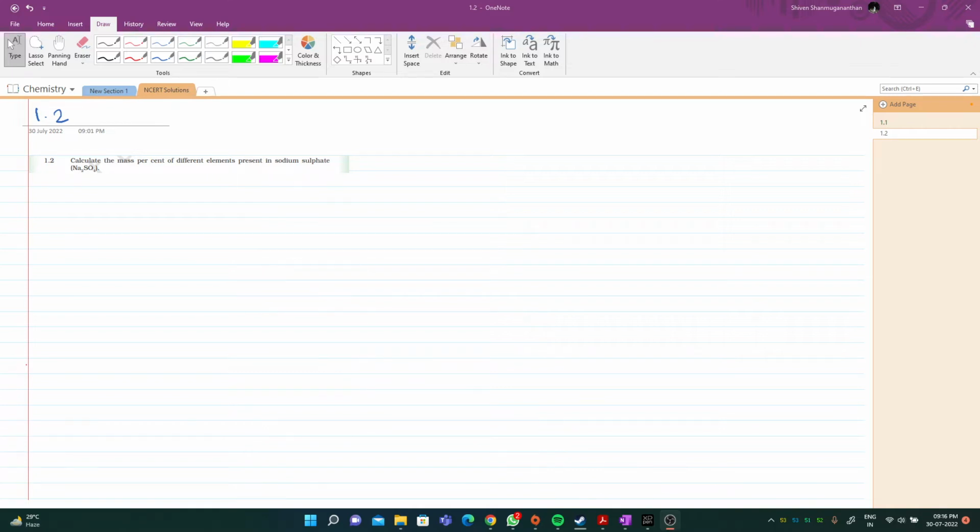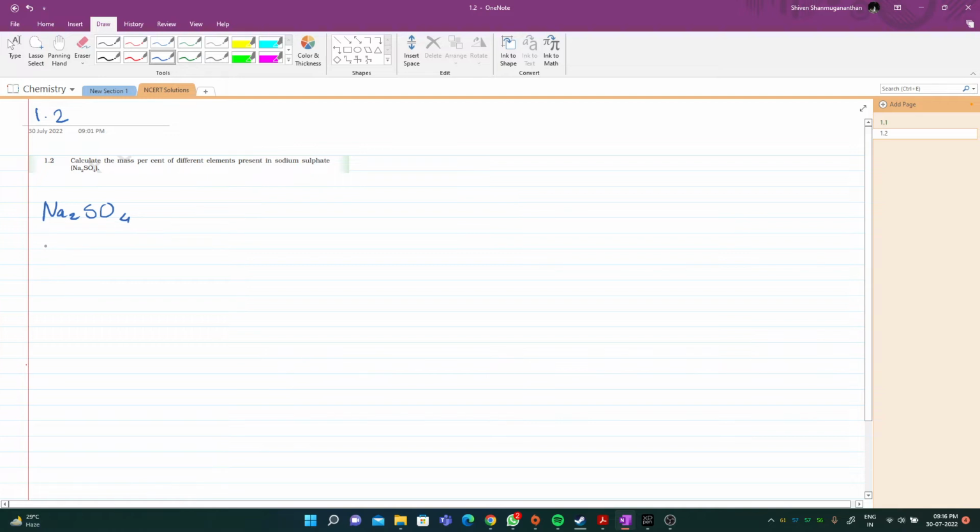So, first, let me just write down the formula here as it has been given in the question. Na2SO4. Now, if you look at it, we have three different elements here. We have two atoms of sodium, one atom of sulfur, and four atoms of oxygen.